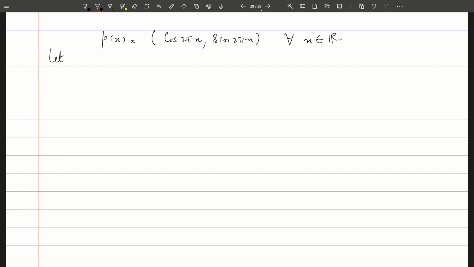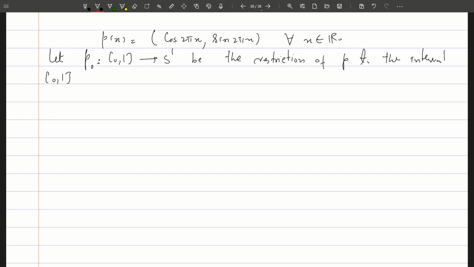Now let P naught be the restriction of P to the interval 0 1. That is, P naught is just the restriction of P to the interval 0 1.